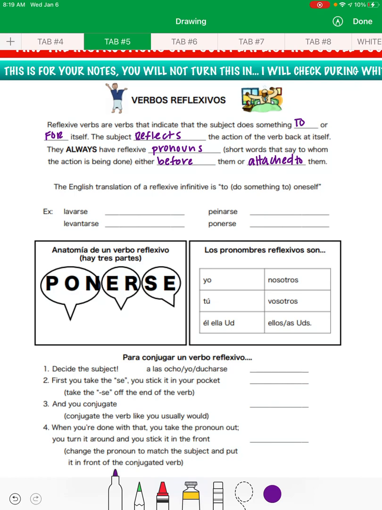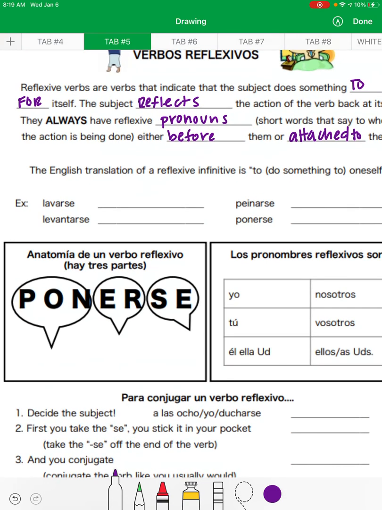The English translation of a reflexive infinitive is to do something to oneself. So, for example, lavarse is to wash oneself. Levantarse, to lift oneself up. Okay, like stand up.